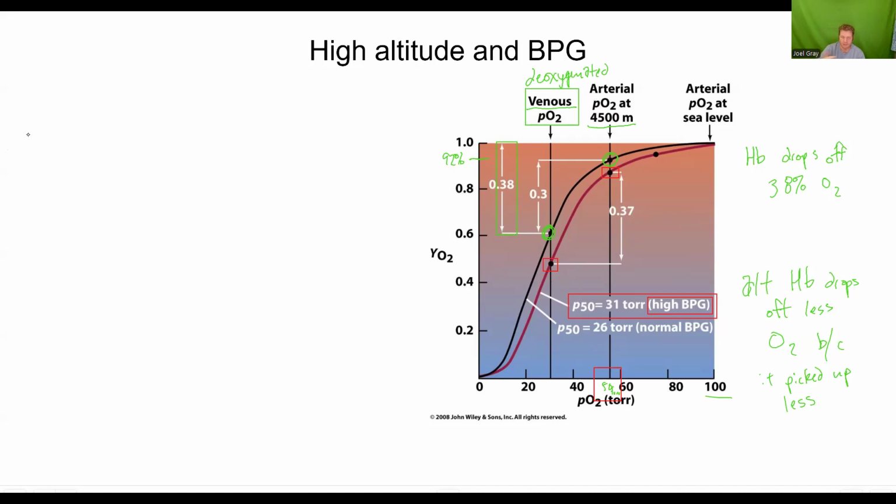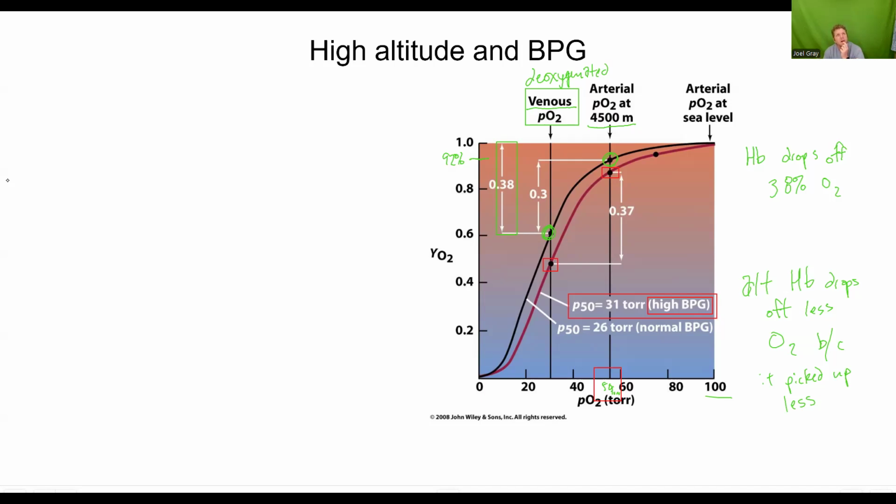A perfect scenario is where you have a very high oxygen concentration, but in the event that the environmental concentration of oxygen is low, your body compensates and makes more bisphosphoglycerate.